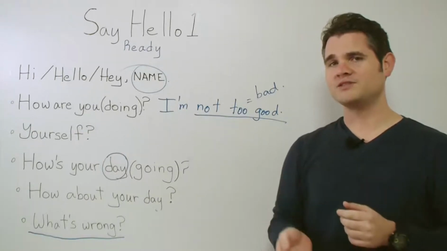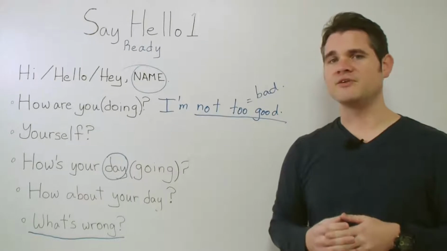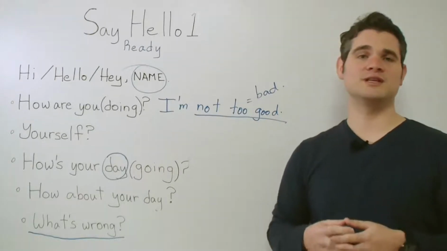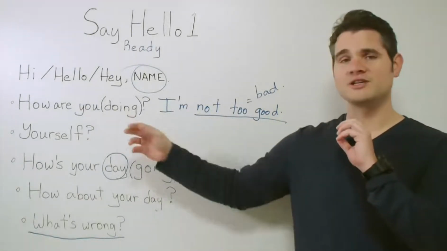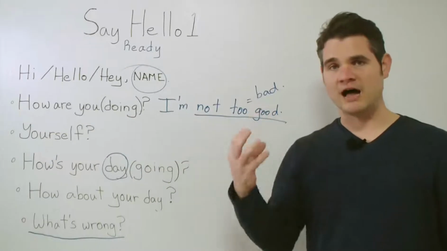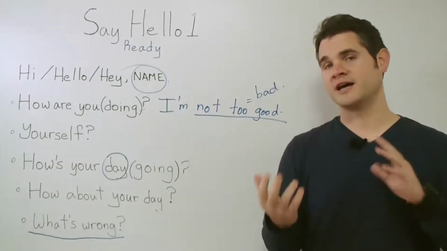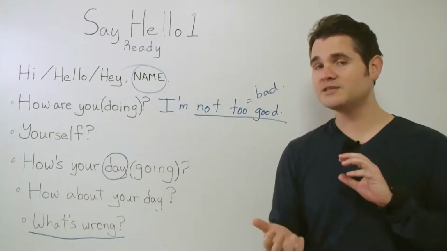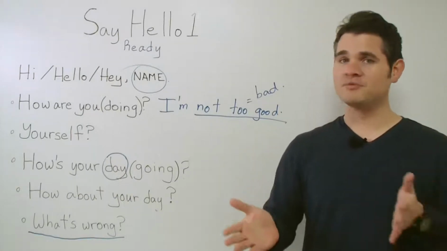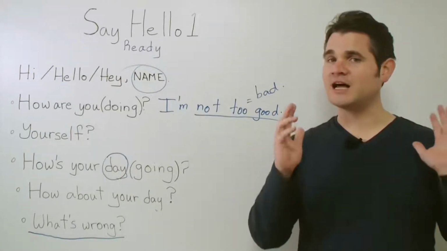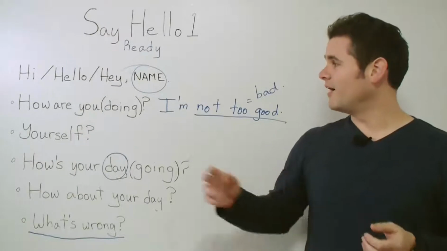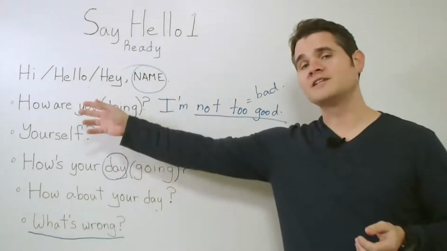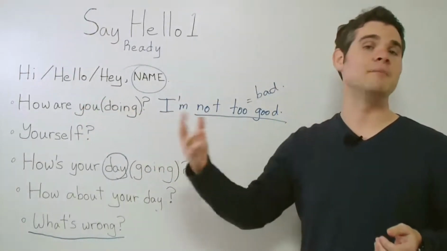Then you got how are you doing? Remember, when people answer this question, they're not always following grammatical rules. People answer this question most commonly with, I'm doing good. Technically, it's grammatically incorrect, but people answer with that statement a lot. And just remember, if you're asked, how are you doing? You can say, I'm good.